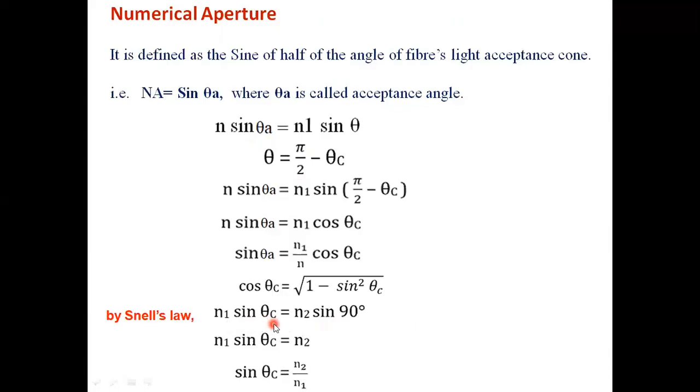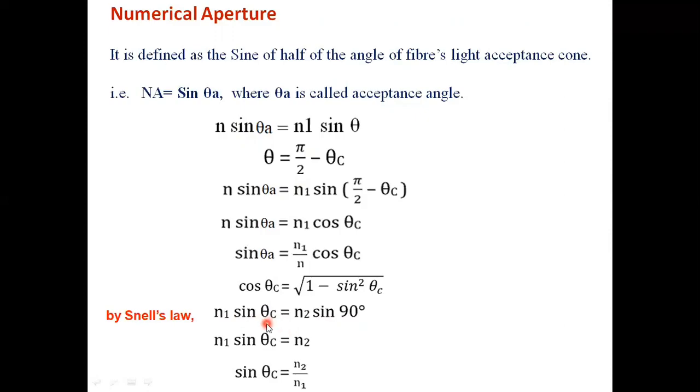See, n1, this is theta c. Theta c is nothing but the critical angle at which the complete light will travel only through the interface of two different media. At that time, the refracted angle becomes 90 degrees. As we already know, n1 sin theta 1 equals n2 sin theta 2.